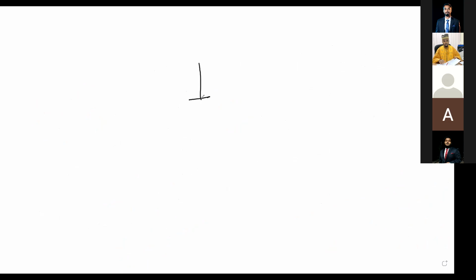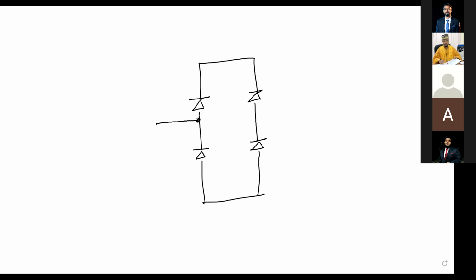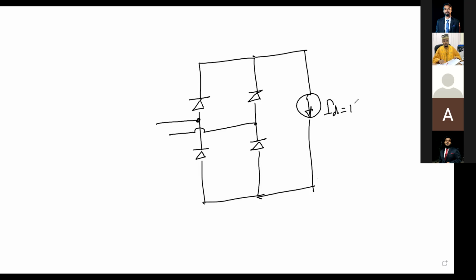For the full wave rectifier, say ID equal to 10 ampere. This is your D1, this will be your D2, this will be your D3, and this will be D4.